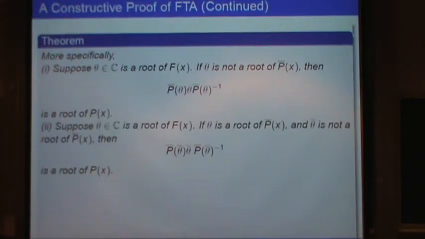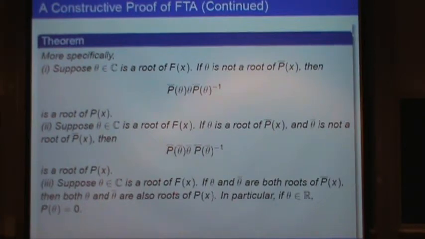Suppose theta is a root of f of x. If theta is a root of P bar of x, and theta bar is not a root of P bar of x, then this is a root of P of x. And if theta is a root of f of x, and suppose that both theta and its conjugate are roots of the conjugate polynomial, then both theta and theta bar are also roots of P of x.